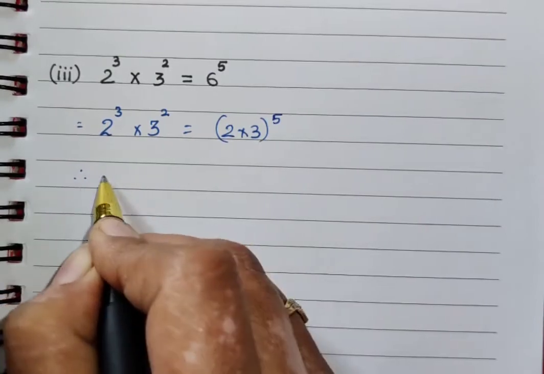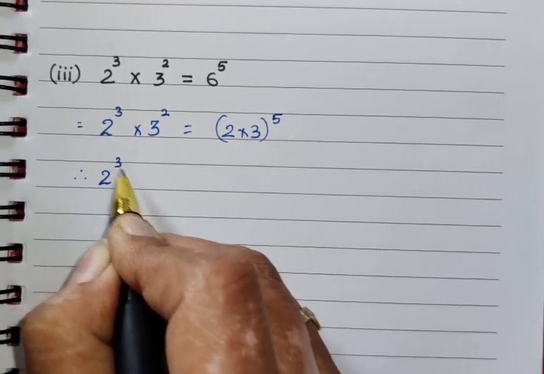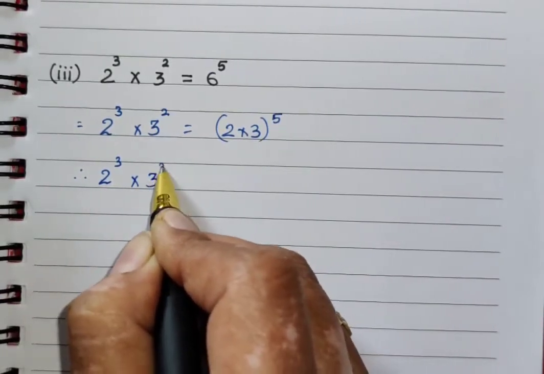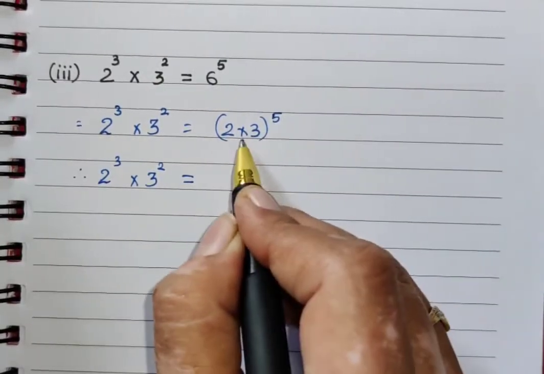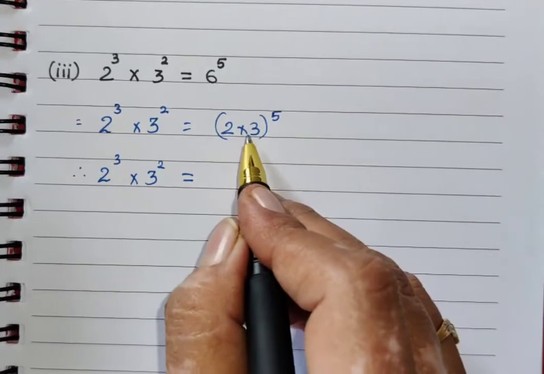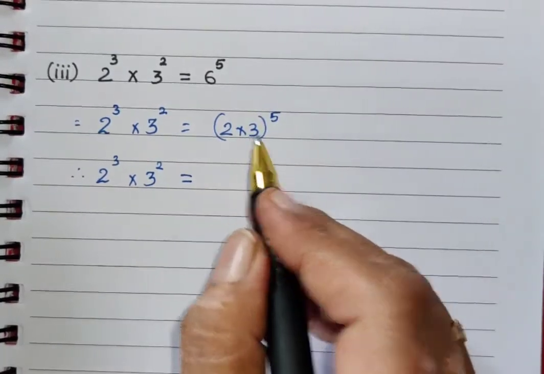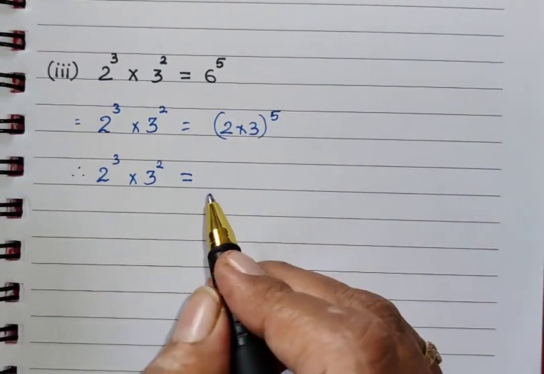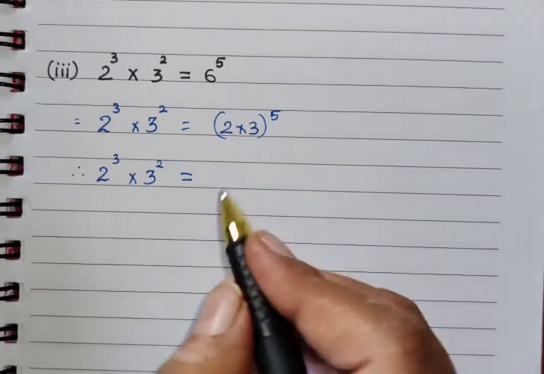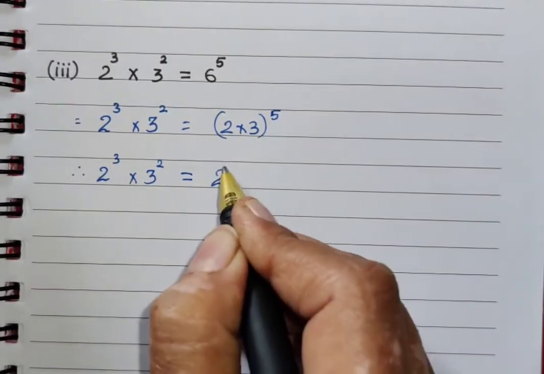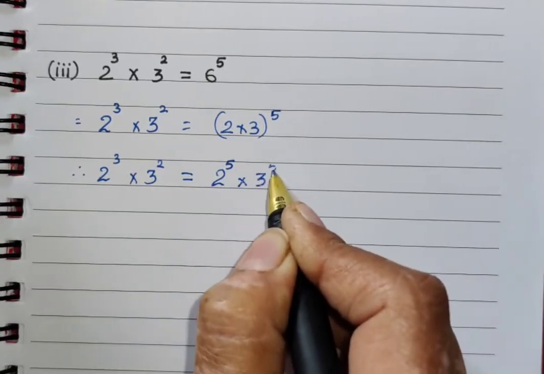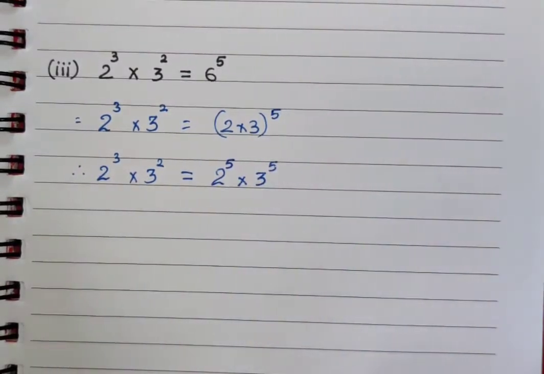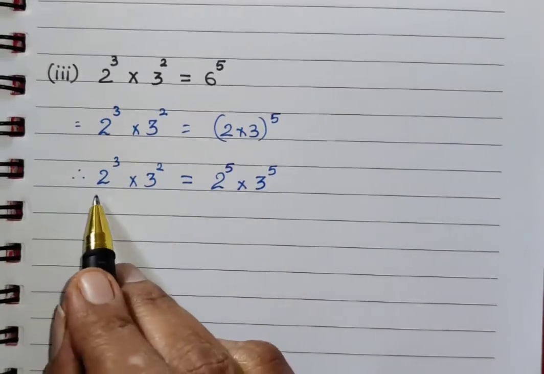Now 2 to the power cube and 3 to the power square is actually, now this 5 is common for both because 6 has been factorized, right? So let us give the power 5 to both of them. Okay, now watch this.